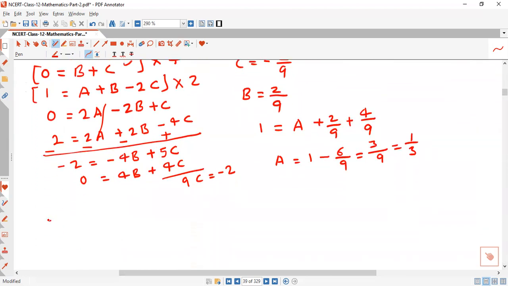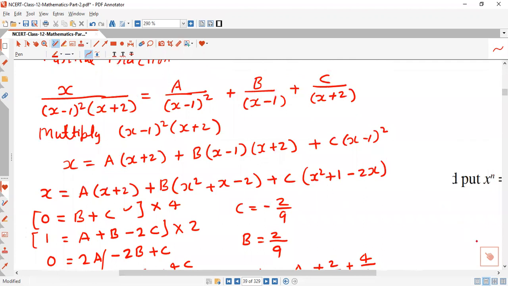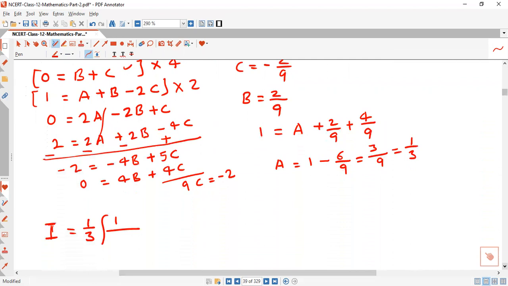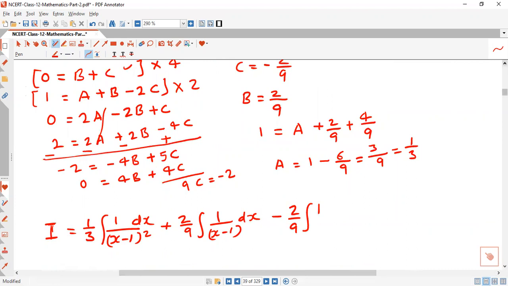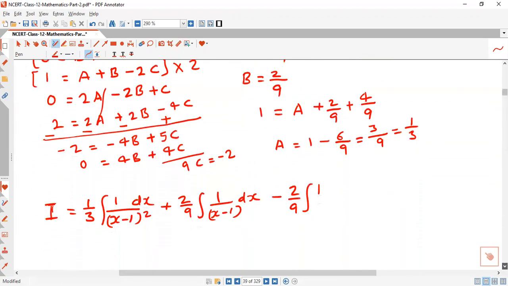So the integration becomes: constant A equal to 1 by 3, and integration of 1 upon (x minus 1) whole square dx, plus B equal to 2 by 9, and we are taking 1 upon (x minus 1) dx, plus C equal to minus 2 by 9, and we are taking 1 upon (x plus 2) dx.